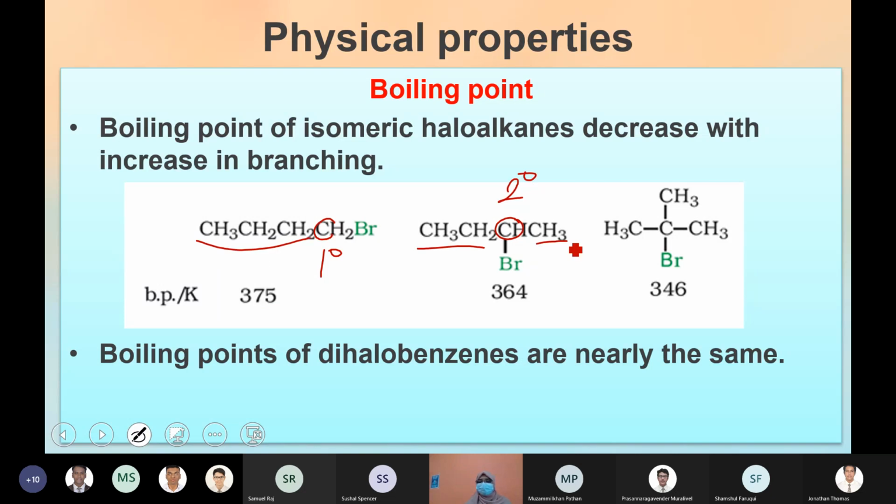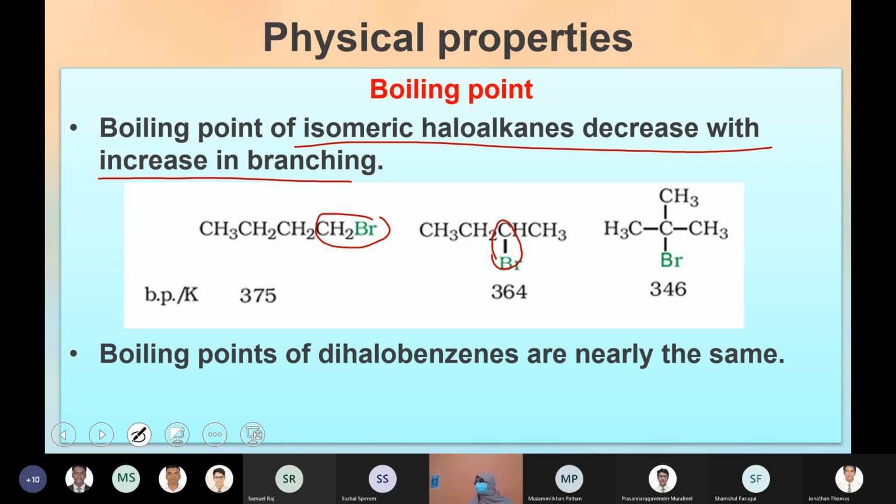Here, 1 and 2 alkyl groups. Here it's actually tertiary. That means, if you take the carbon-halogen bond as the basis, technically the number of alkyl groups attached to the carbon with the halogen is increasing. So this is very, very important.